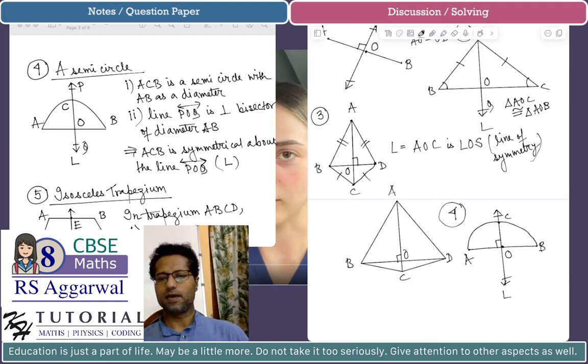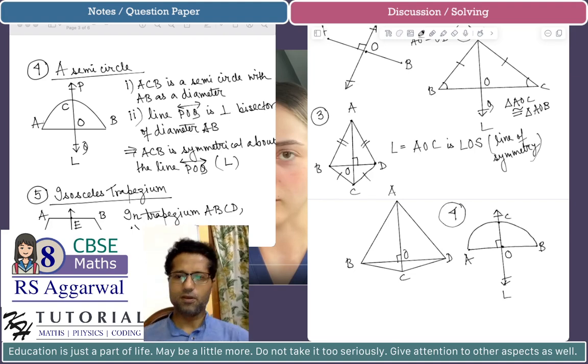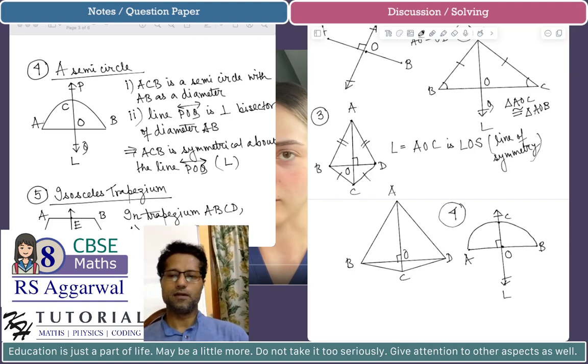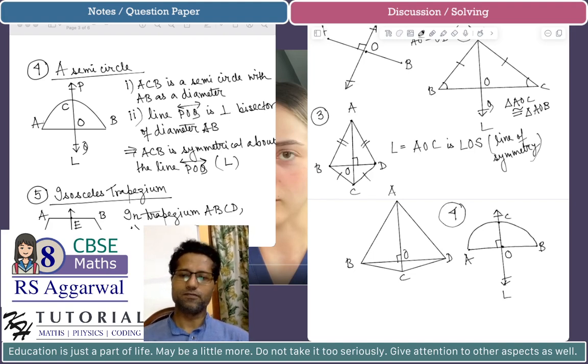Exactly which diagonal, I cannot think of the proper reasoning, but it will be one of the diagonals.